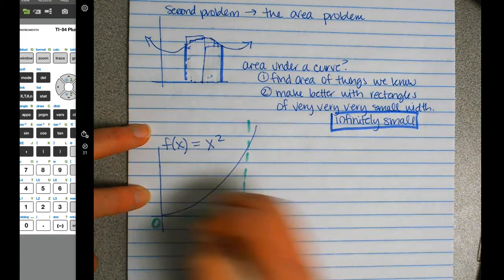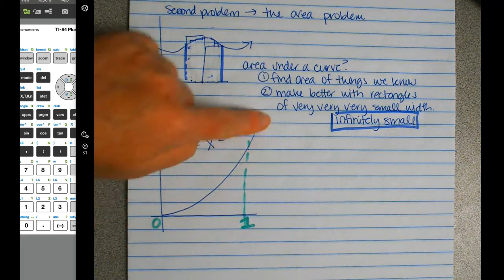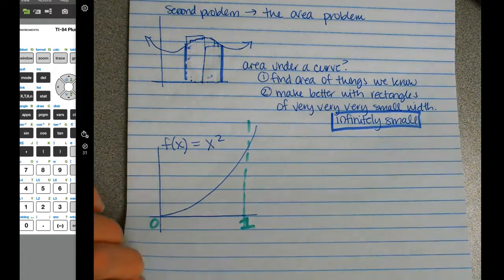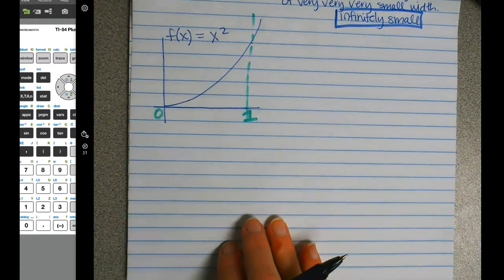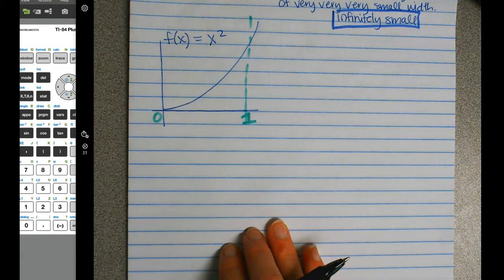So this is 0 up to 1. Everybody knows that's like half of the parabola, right? I could go on the other side, but I don't want to fill up my graph with extra information. So I'm going to calculate the area in this triangular looking part, though it's not a triangle because it's curved.